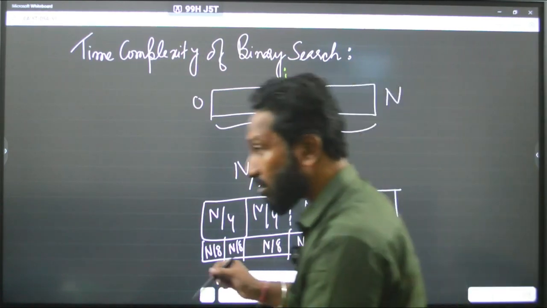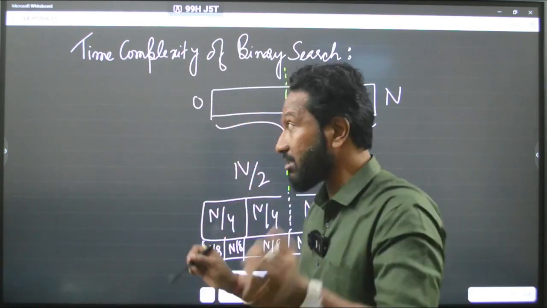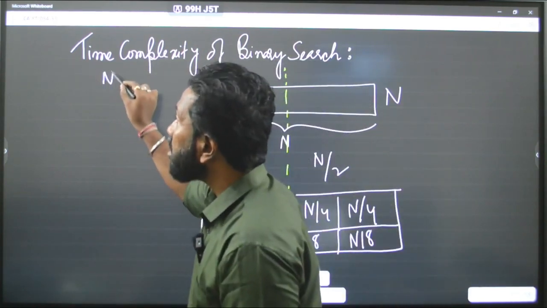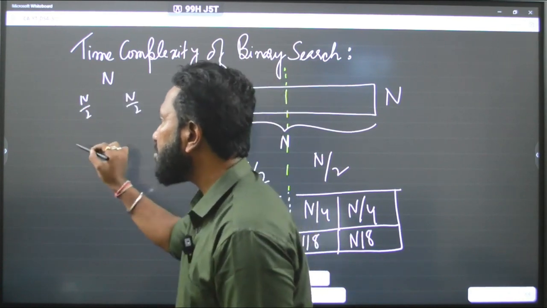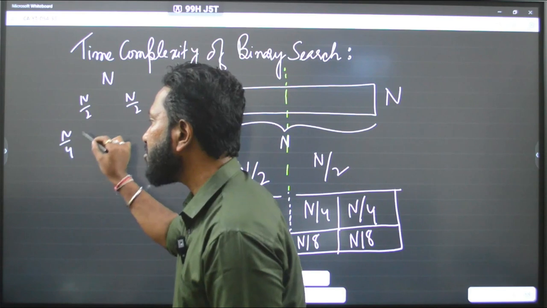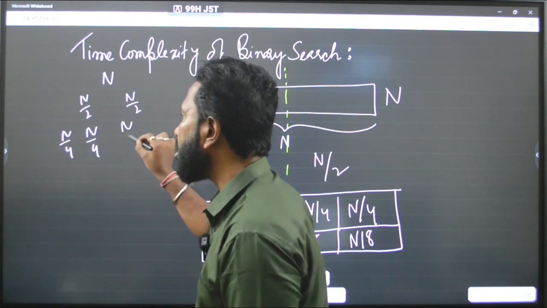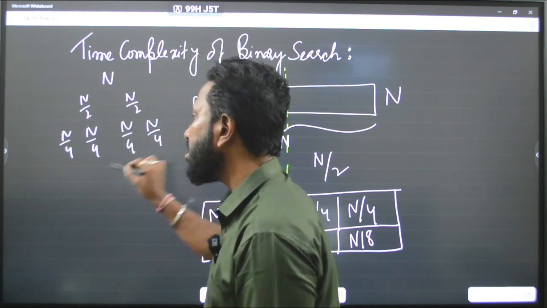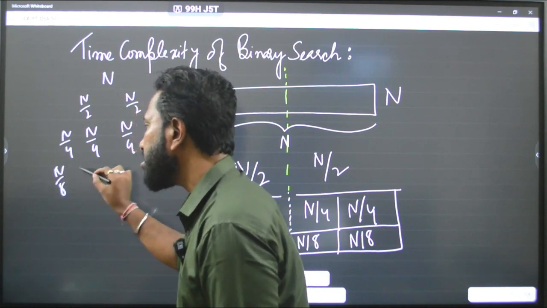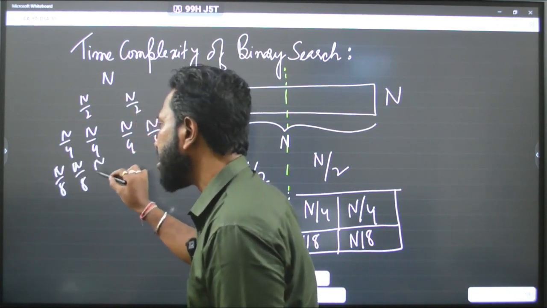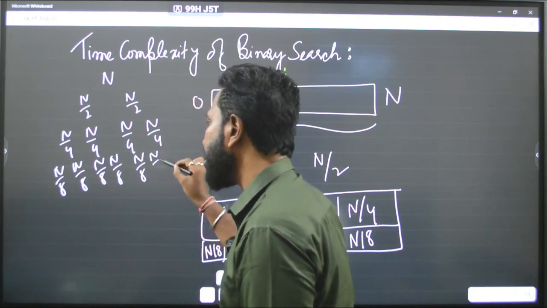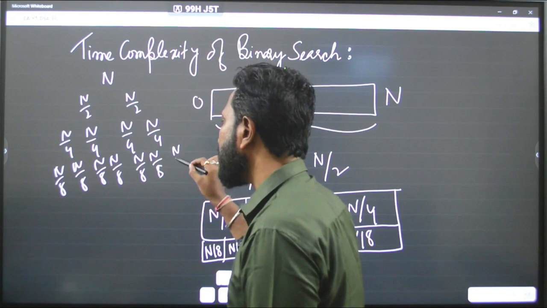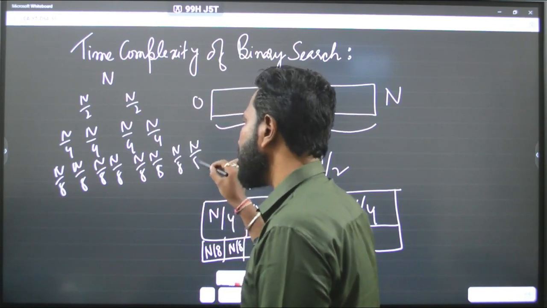Understanding? So now see this and try to analyze this. N becomes divided into n by 2, n by 2; n by 2 becomes divided into n by 4, n by 4, n by 4, n by 4; then n by 8, n by 8, and so on.